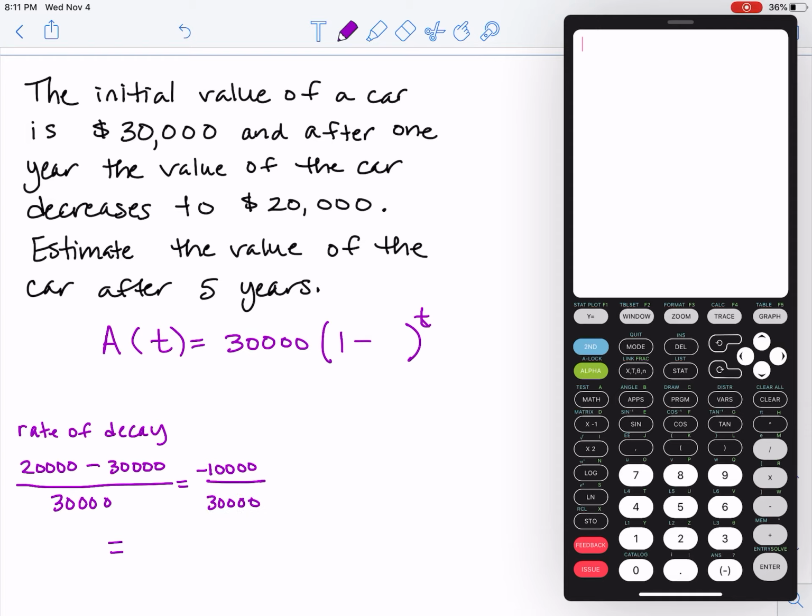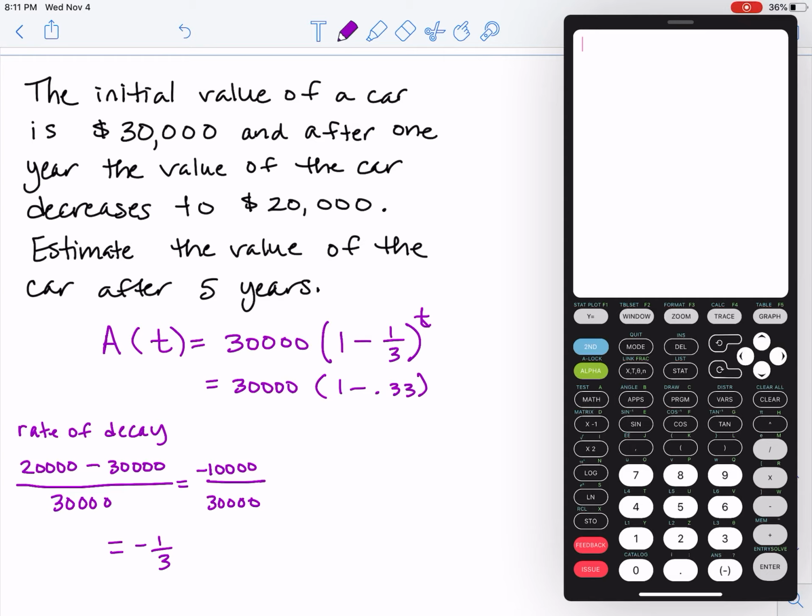So in other words, it's a negative a third. Okay, so when I'm plugging that in, minus 1/3, or you can think of a plus a negative a third. Okay, well, I'm going to go ahead and say, well, that's just for easier purposes, 1 minus 0.33 raised to the t.